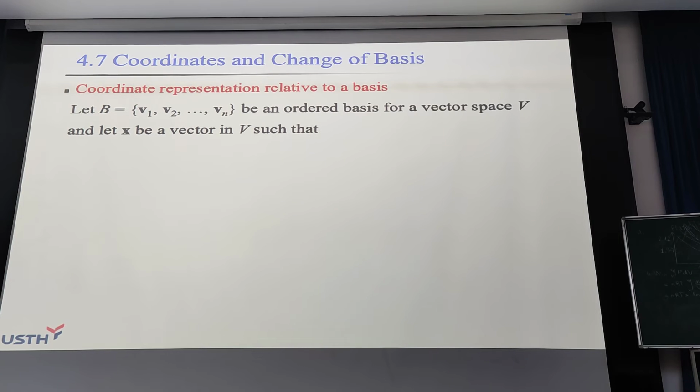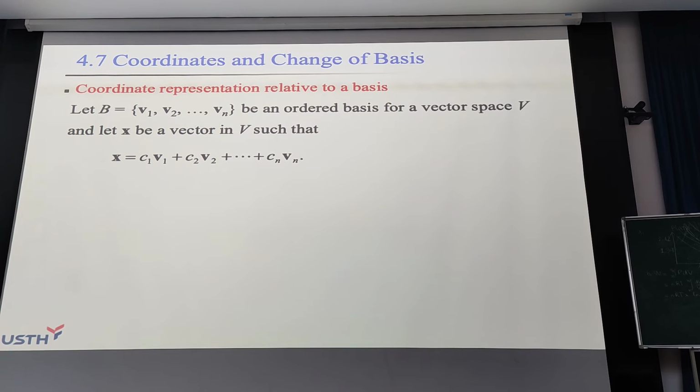Then, as I repeated already from the beginning of today, any vector X inside V can be written as a linear combination of V1, V2, ..., Vn. But not only can it be written like that, it can be written in only one way.